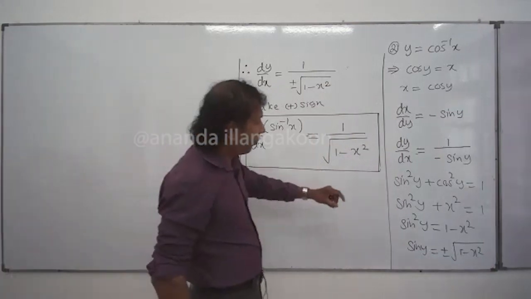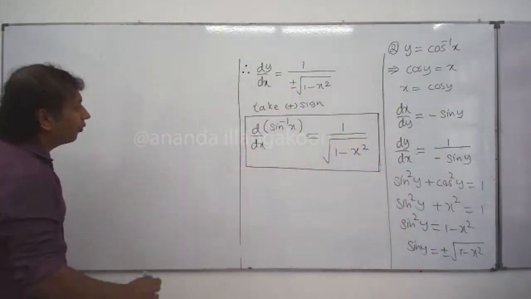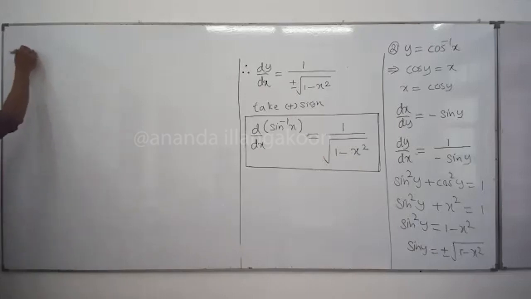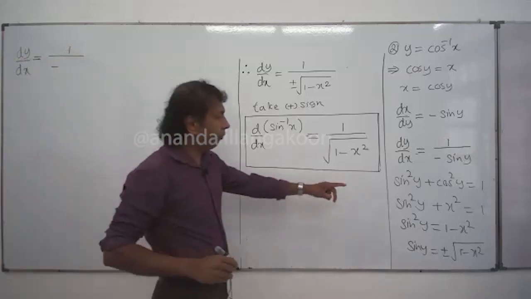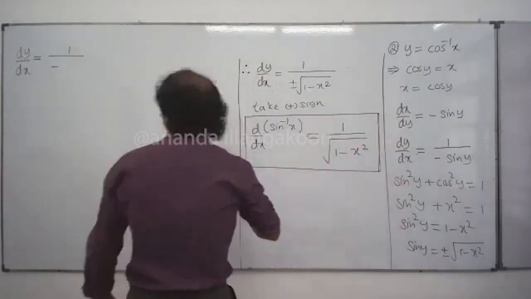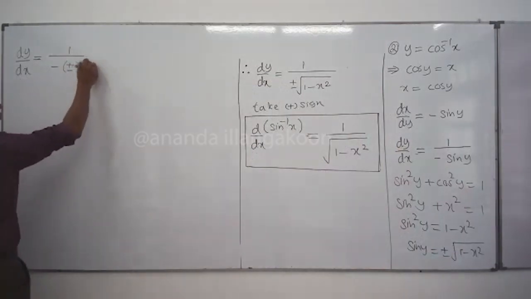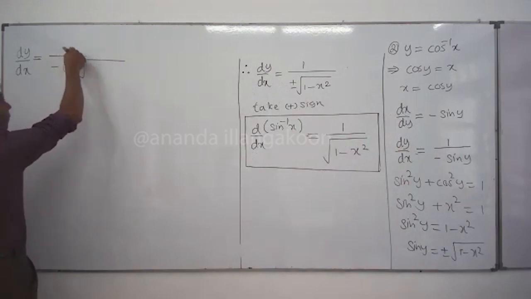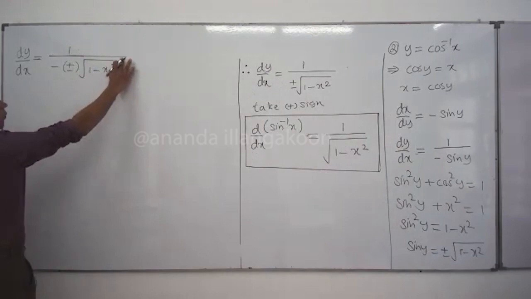Then I am going to substitute for this sine y these two answers. Therefore, dy by dx we can write 1 upon minus sine y. Sine y is plus or minus square root of 1 minus x squared.